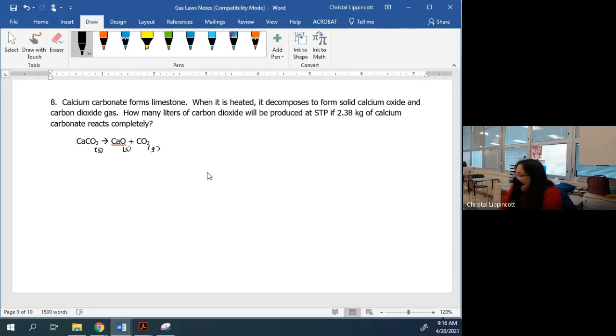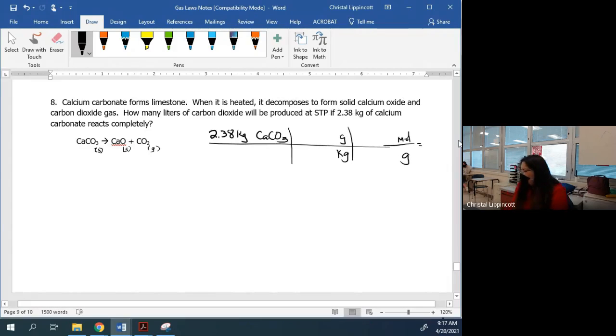All right. Here we're given kilograms of calcium carbonate though. So this is 2.38 kilograms of calcium carbonate. I need to convert that into moles so I can put it on a BCA table. First of all, I need to get kilograms into grams, and then I need to get grams into moles. So see if you can figure out what that value is going to be.